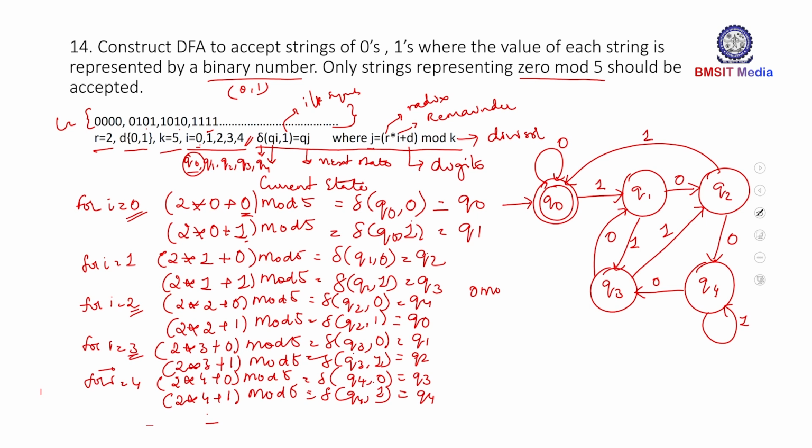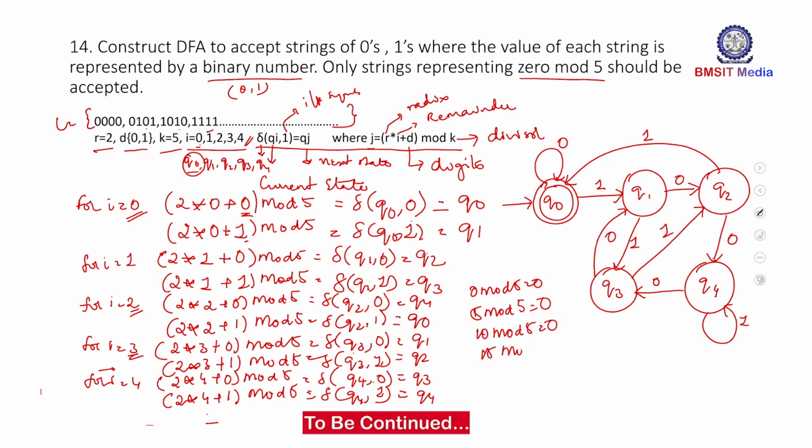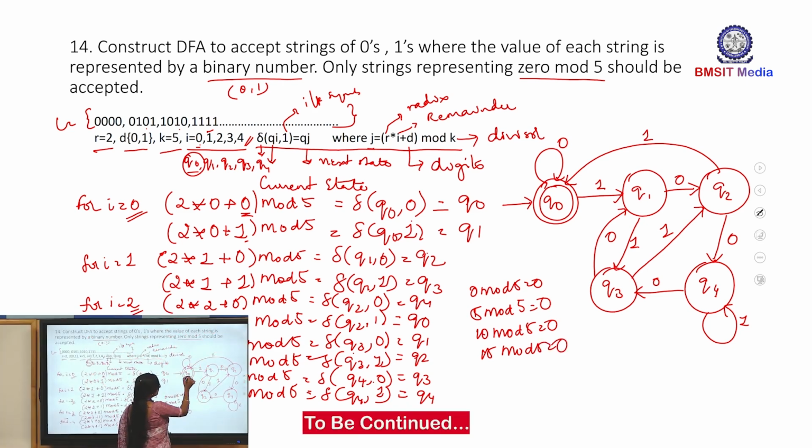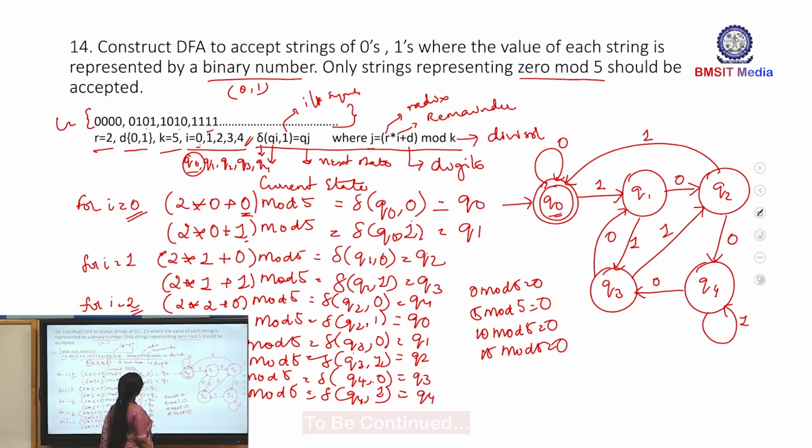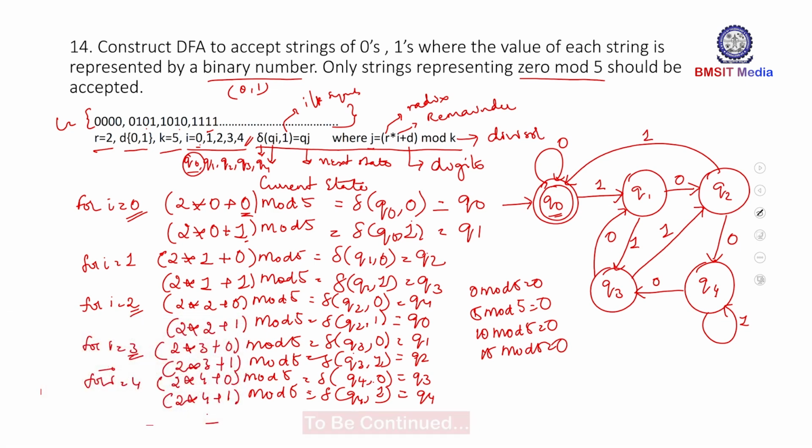Because 0 mod 5 gives 0, 5 mod 5 gives 0, 10 mod 5 gives 0, and 15 mod 5 also produces a remainder of 0. So I'll make Q0 the final state. We can have similar problems using the same method. So, coming to the next problem.